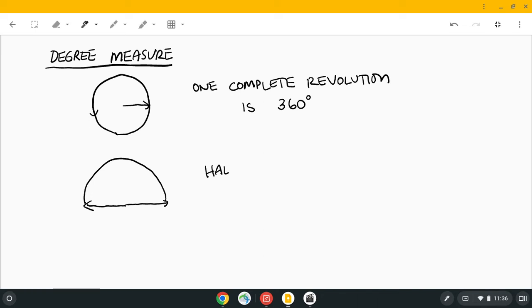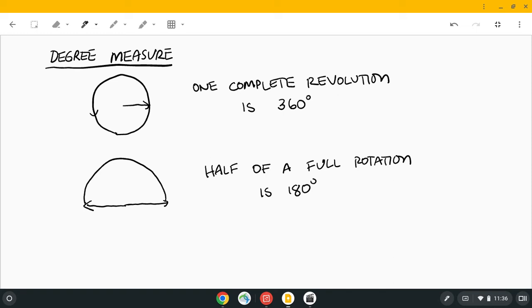So half a circle, or half of a full rotation, is 180 degrees.